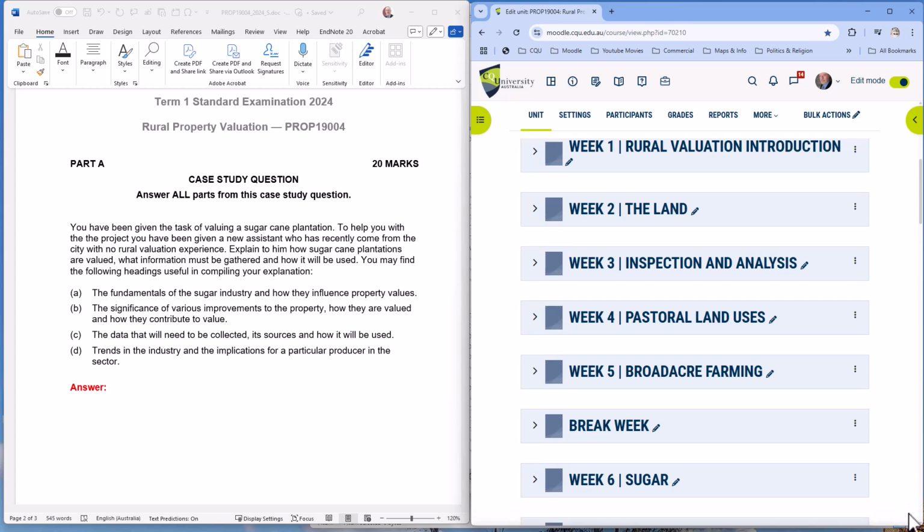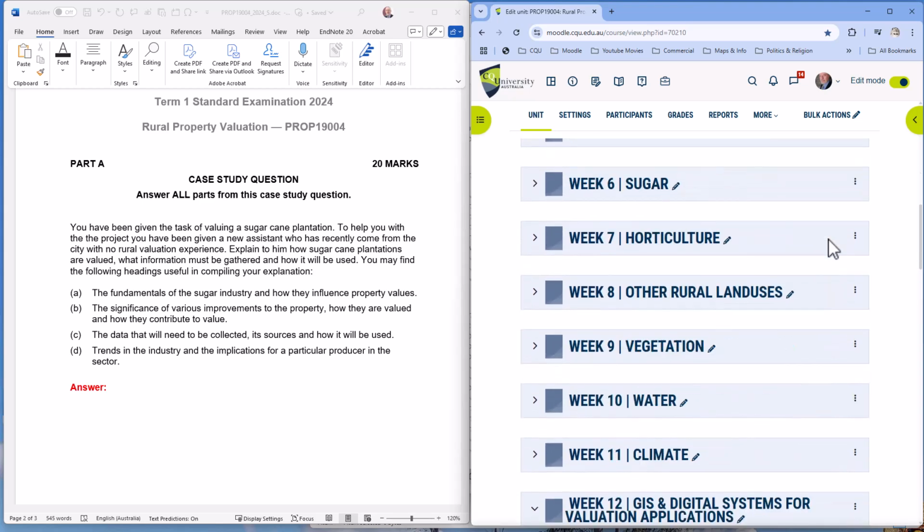First of all, when we look at the unit, if we go down through the weeks, the modules, we can see it's made up of probably 3 or perhaps 4 different themes. We have the introduction, which talks about the importance of rural valuation. We have various aspects related to the rural circumstance in general, rural property in general. So we look at the land, for instance.